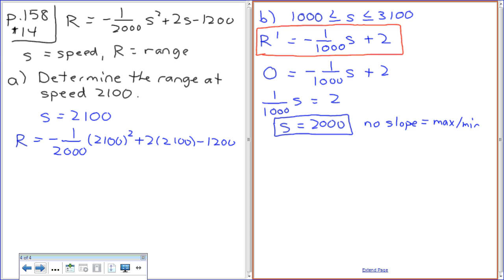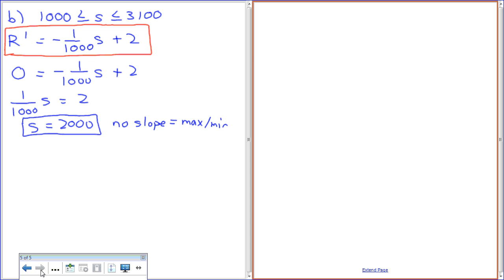So we are going to make our chart now. We're going to say R, and we're going to have S from 1000 to 2000, and 2000 less than S less than 3100.